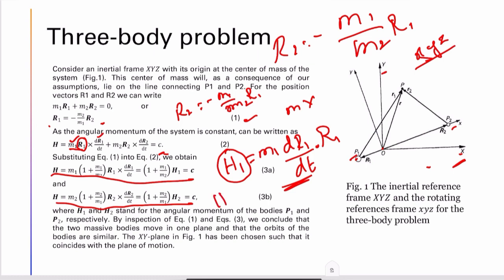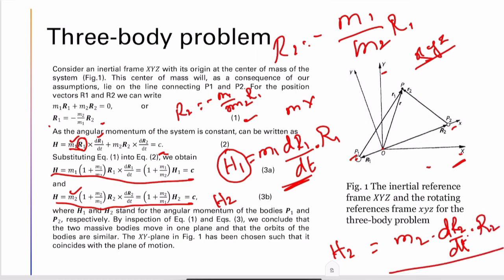Similarly, H2 is nothing but angular momentum of body P2. That is M2 into dR2 by dt, which is a linear momentum, into the position vector R2. This will lead to H2, which is the angular momentum of body P2.